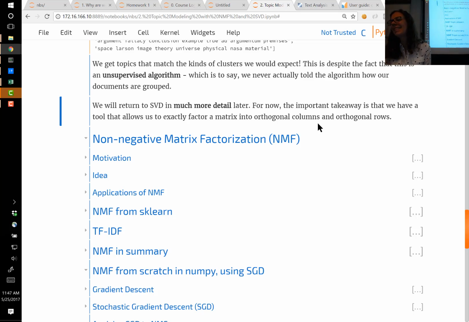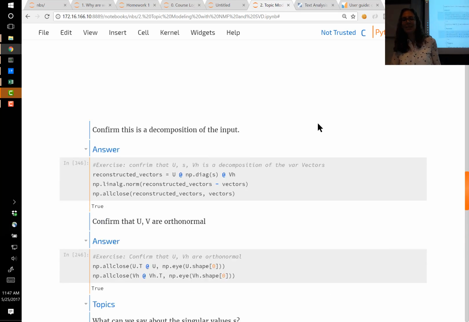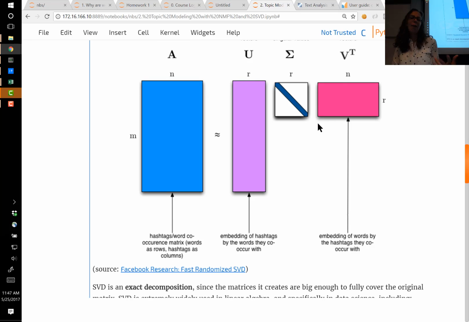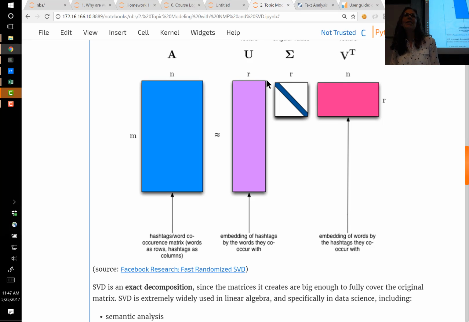And this is actually jumping ahead, because right now our R is equal to N. But Jeremy was just pointing out that this matrix is, so the blue matrix is words are the rows, hashtags are the columns.